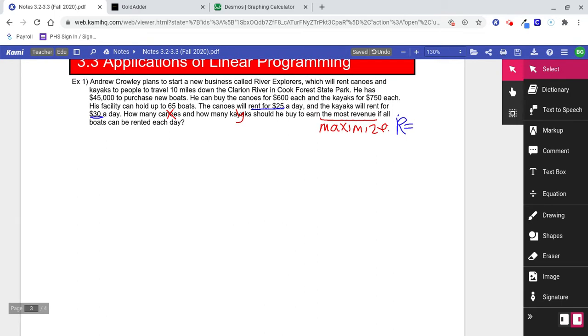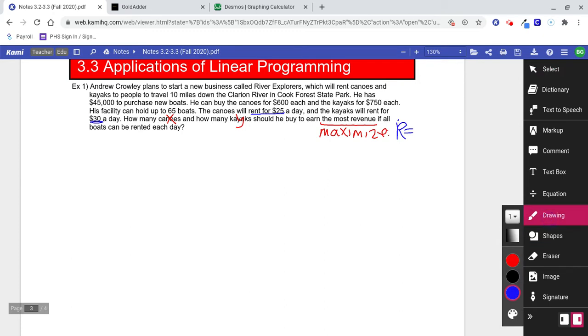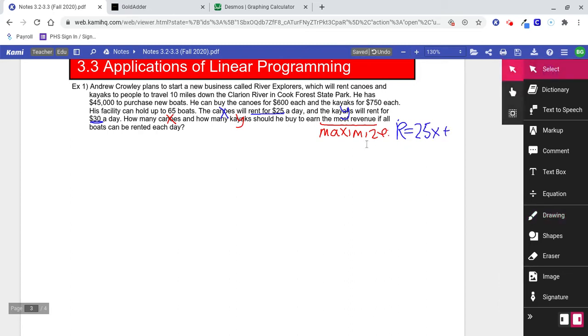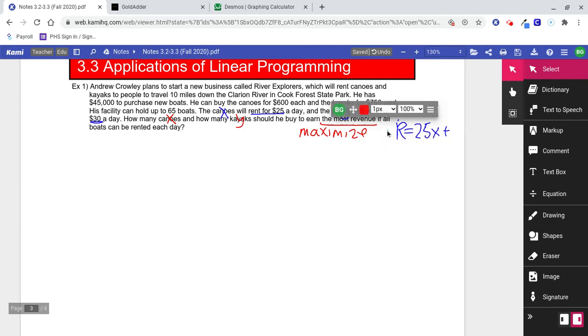But remember, canoes was X and kayaks was Y. So if we look at that sentence right there, it's going to be 25X plus 30Y. Let me move this over.